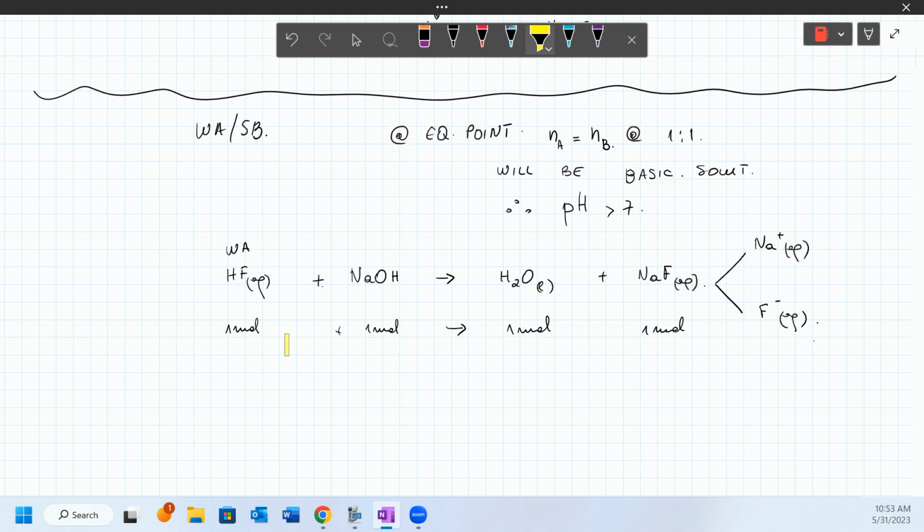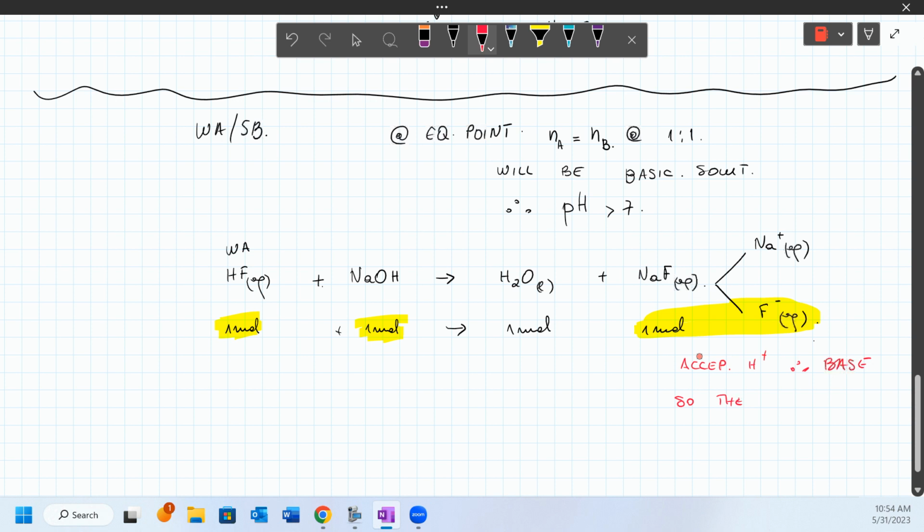So at the equivalence point, when we have the same number of moles of weak acid and the strong base, what you see here is 1 mole of F minus. Now, F minus, based on Brønsted-Lowry, is it a base or is it an acid? Is it accepting or donating a proton? It is able to accept a proton. Therefore, it will be a base.